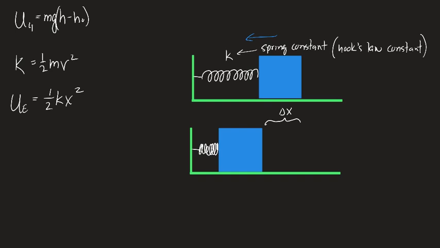So conservation of energy now involves 3 possible places where energy could be. So ask yourself, am I above the reference level? If you are, you have gravitational potential energy. Are you moving? If you are, you have kinetic energy. Are you pushed up against a spring?